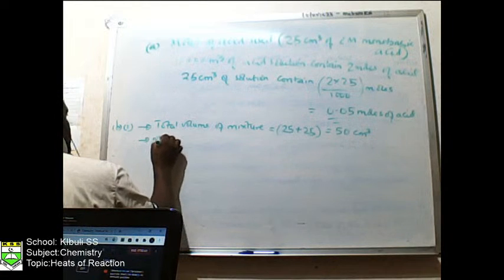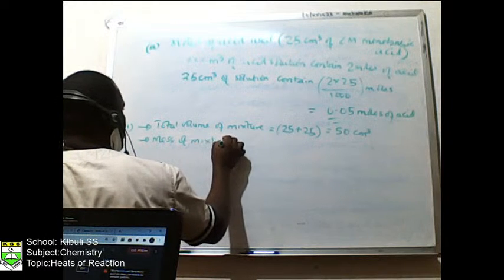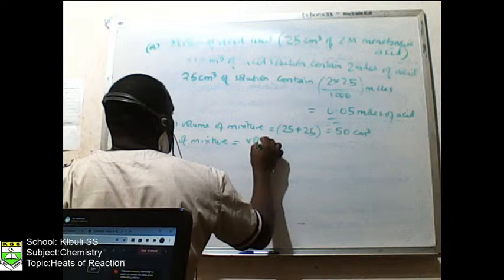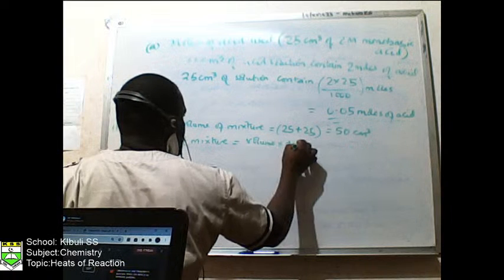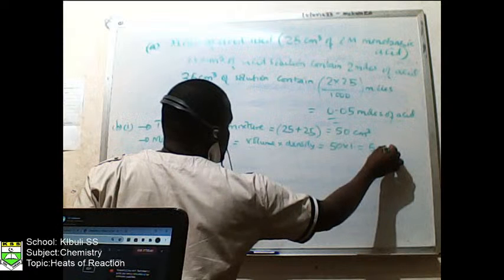Then mass of mixture equals volume times density, and this is equal to 50 times 1, which is 50 grams.